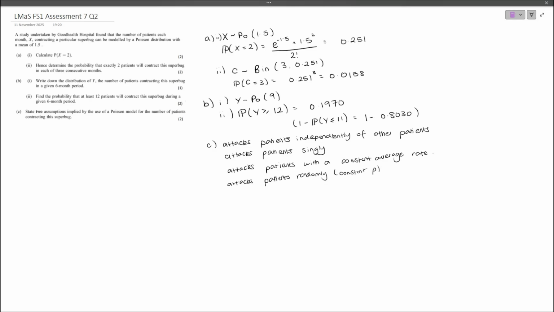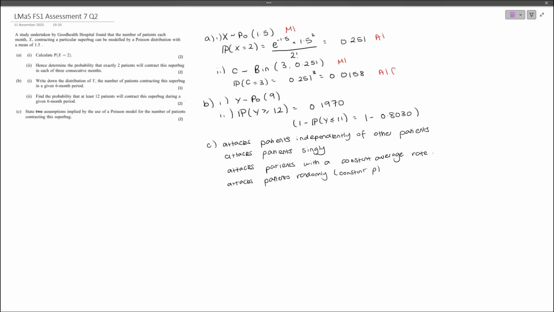So where do the marks for this question come from? You get a method mark for stating the distribution and an accuracy mark for getting the correct probability. The distribution is implied by the probability. For part 2, you get a method mark for using a binomial distribution and an accuracy mark for getting the correct probability again.